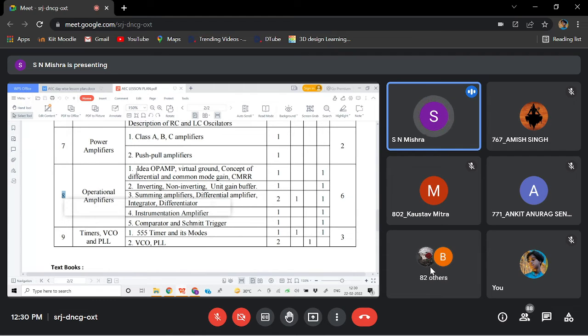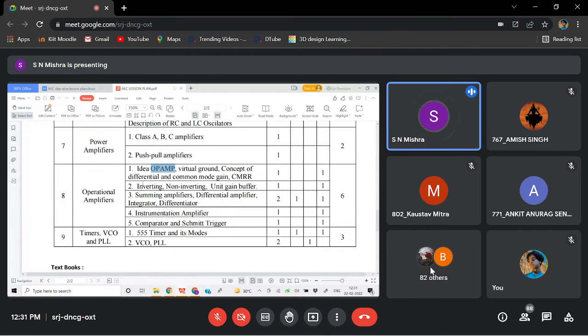So mathematical operations are required, and using the operational amplifier it is possible. That's why it is called operational amplifier: operational is OP, amplifier is AMP, combined to give the short name op-amp.